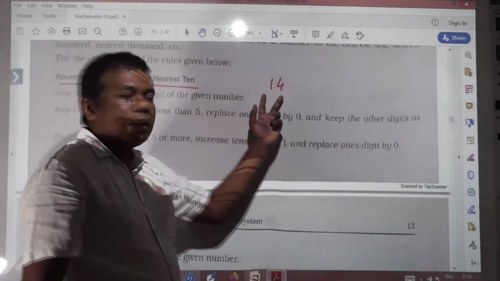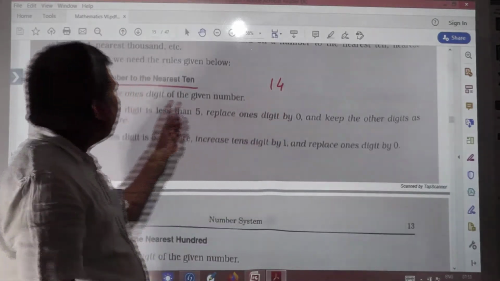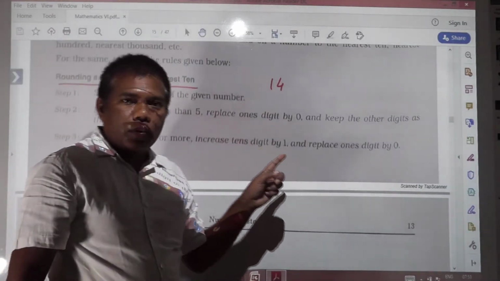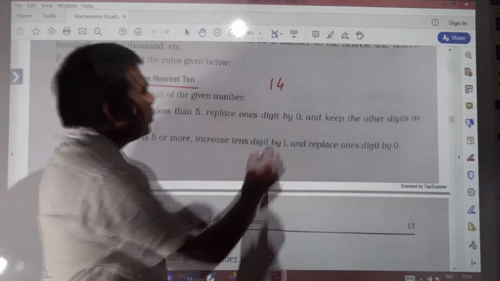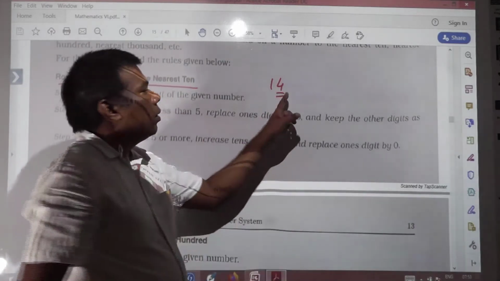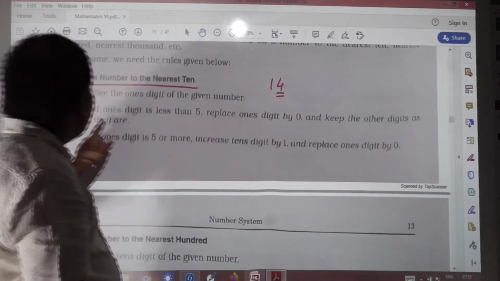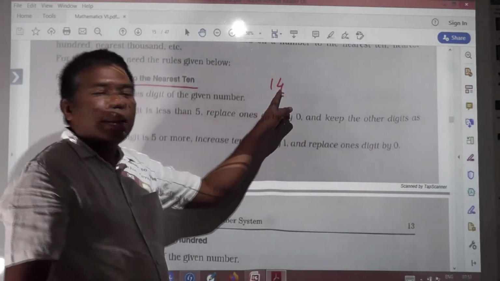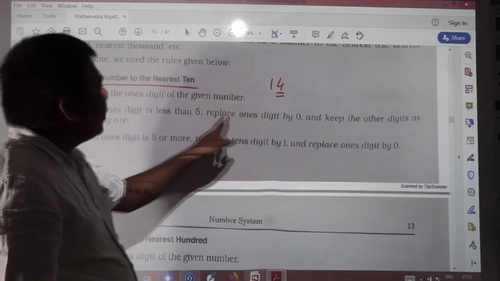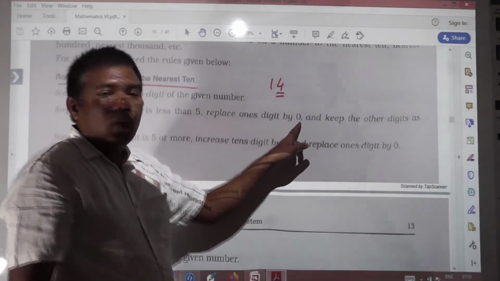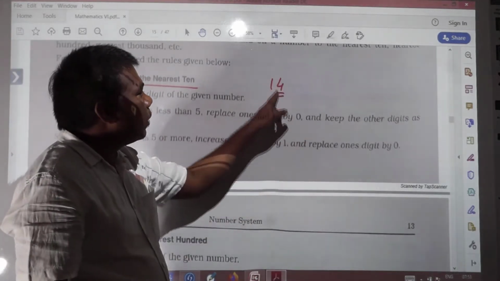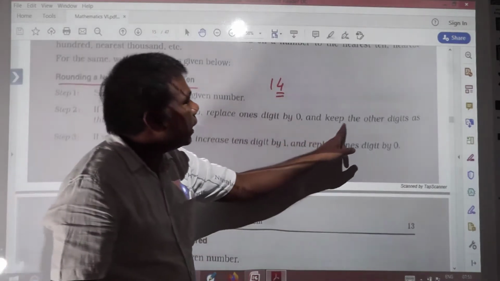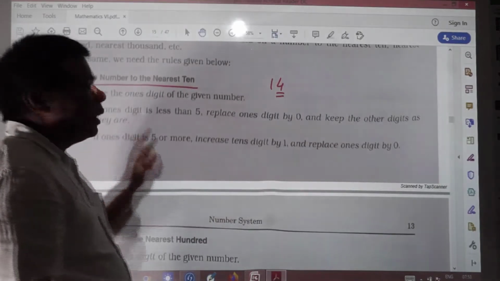When you have a 2-digit number and you need to round off to the nearest 10, you have to see your ones digit first. If the ones digit is less than 5, replace the ones digit by 0 and keep the other digits as they are.